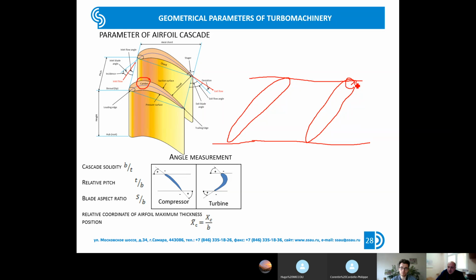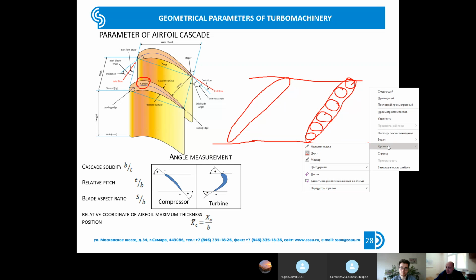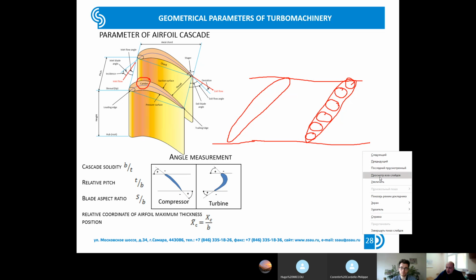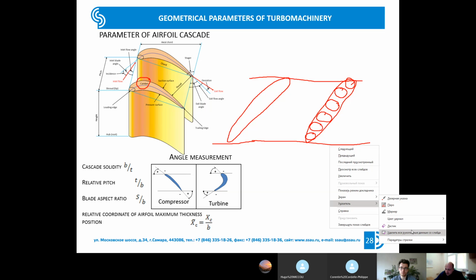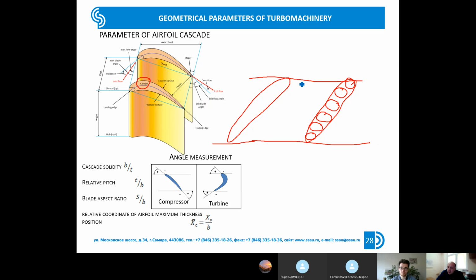We draw a lot of circles inside the profile, and after that we connect all the centers of such circles.